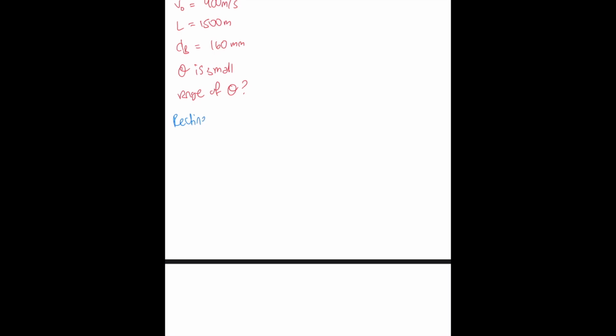We're going to use our rectilinear motion equations. And we know that dx is equal to v dt. Right? This is just rearranging v is equal to dx over dt.